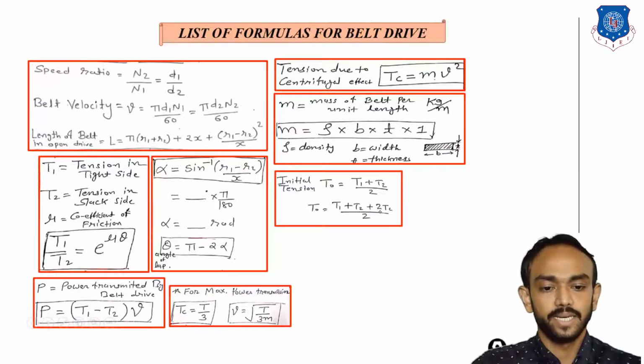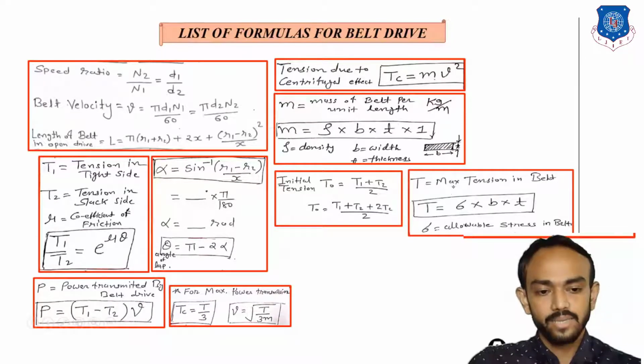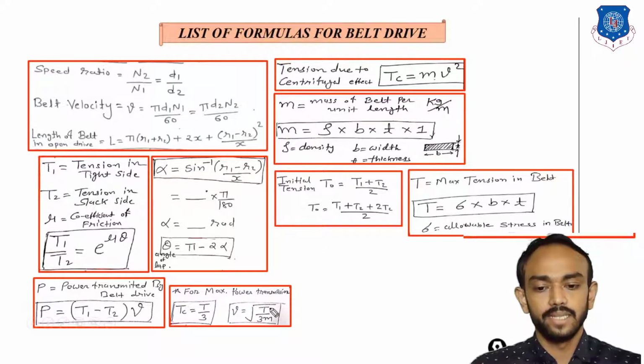And after that, the maximum tension in a belt. Sometimes we want to find the velocity but this maximum tension we don't know, or we know the velocity and we want to find the stress; this formula is used.